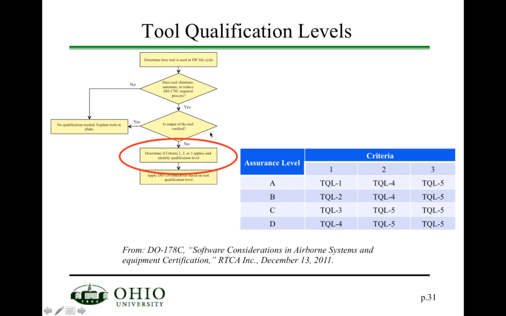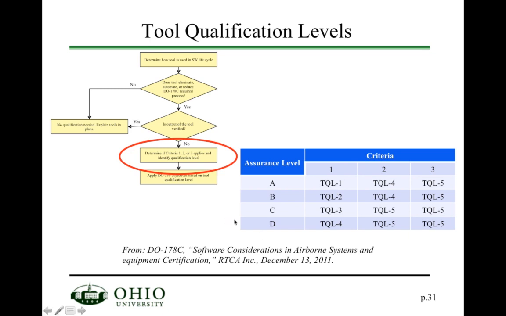So for each tool you can say, if you make it to this point, okay, what criteria applies? Depending on what assurance level you want to guarantee and what criteria apply, you come up with a particular tool qualification level following this table. If you need to get approval for this software product to assurance level A, and you find out that criterion 1 applies, then the tool qualification level is 1, which is the most stringent one.